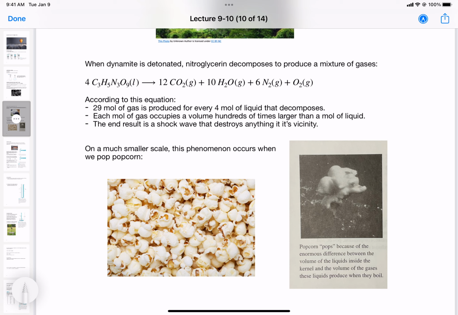So when they get boiled to gases, they're going to want to escape, and that escaping is in the form of a popped kernel, or what we call the actual popcorn.